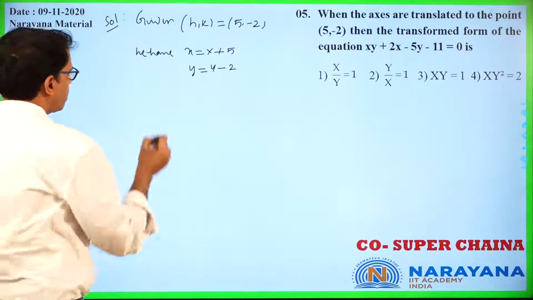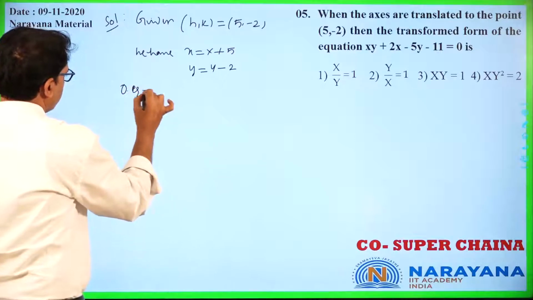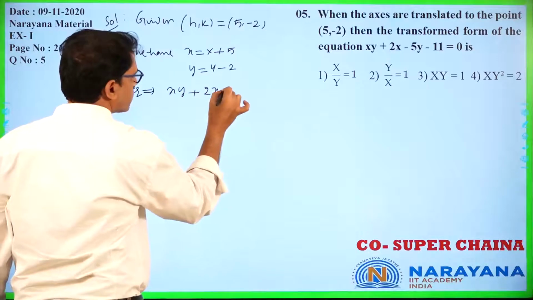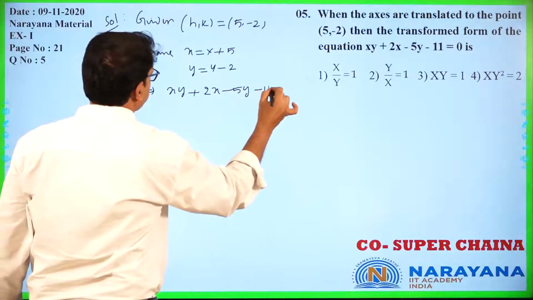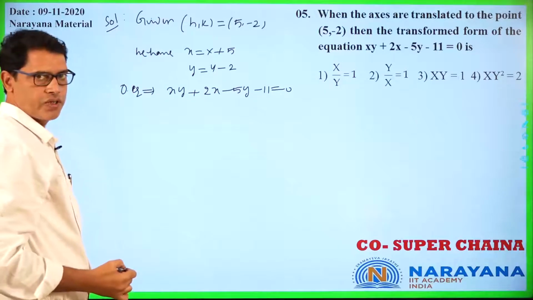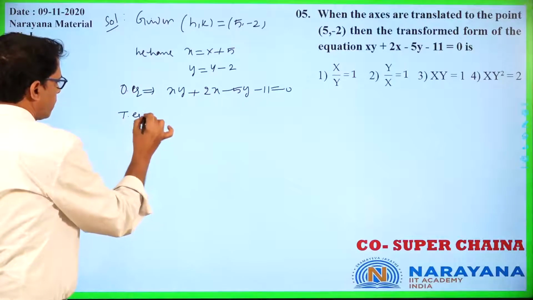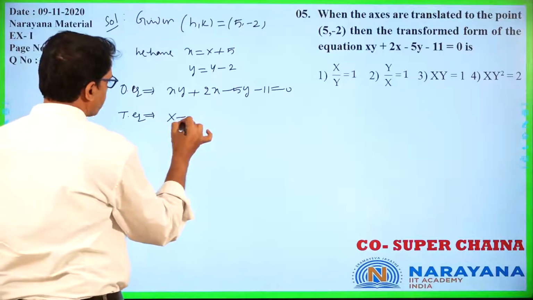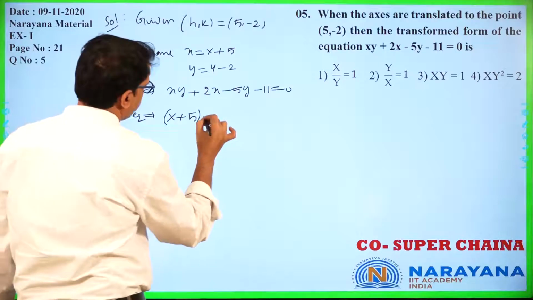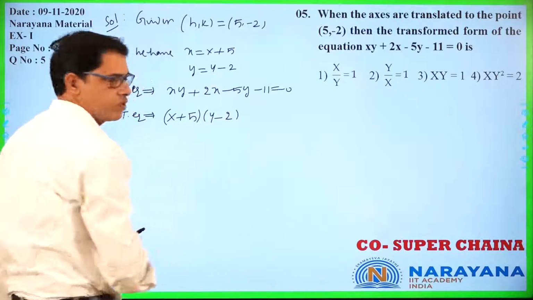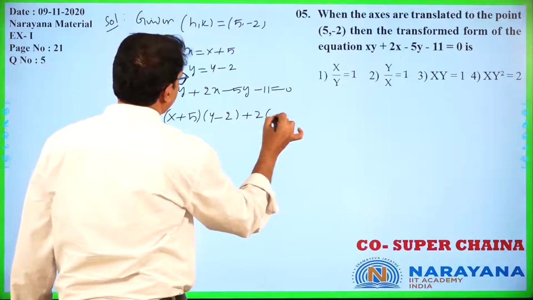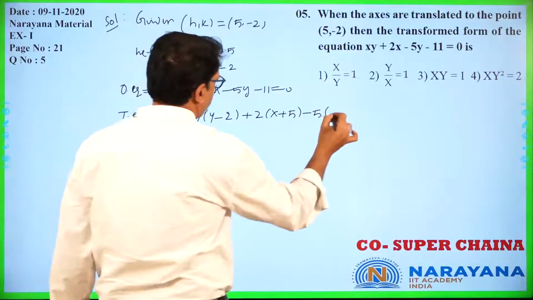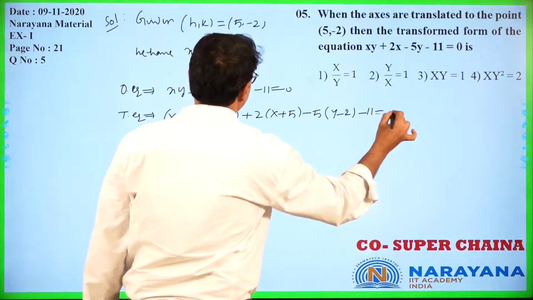Right. Then the original equation is xy plus 2x minus 5y minus 11 equals 0. Now the transformed equation: replacing x with x plus 5 and y with y minus 2, we get (x plus 5)(y minus 2) plus 2(x plus 5) minus 5(y minus 2) minus 11 equals 0.